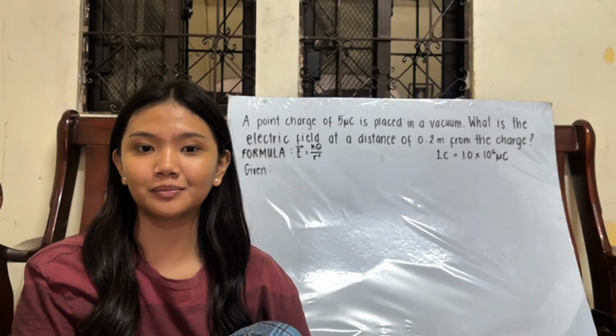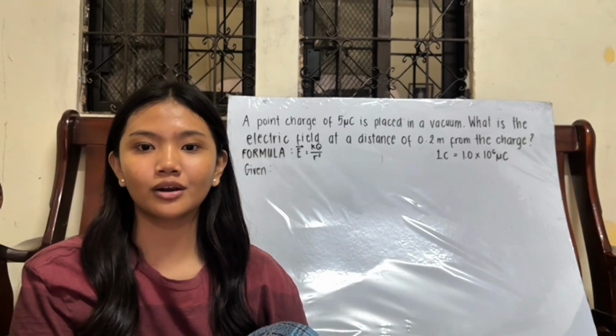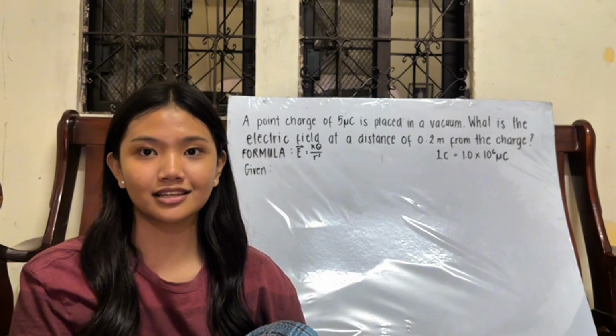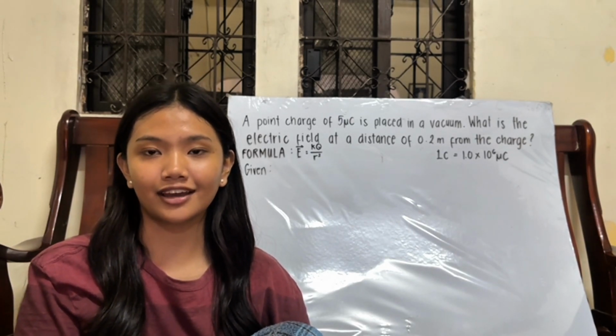For the second problem, a point charge of 5 microcoulombs is placed in a vacuum. What is the electric field at a distance of 0.2 meters from the charge? First, let's identify the givens.